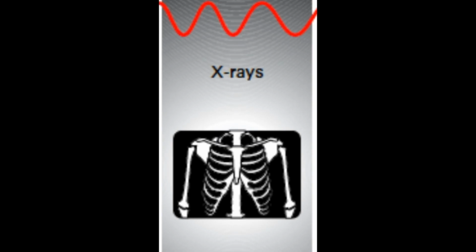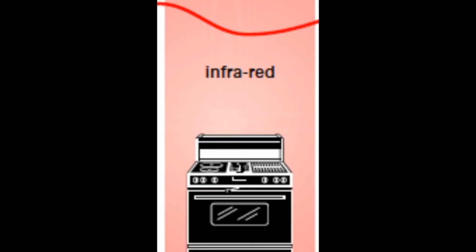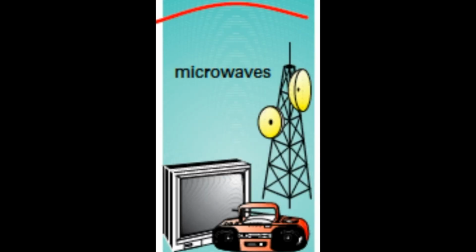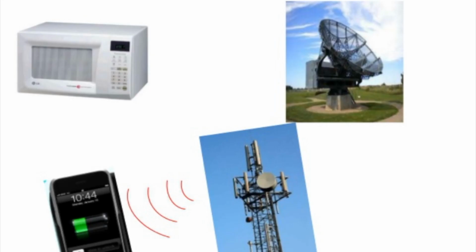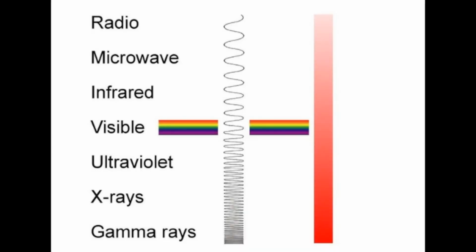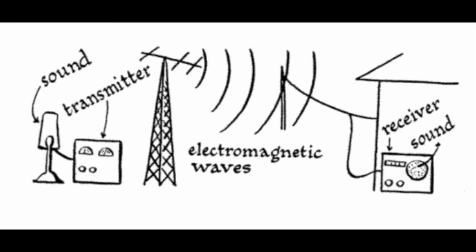Heating up your dinner or chatting on a mobile, microwave frequency is low. The danger is much smaller, the wavelength is much longer. Now relax with your TV and your radio.